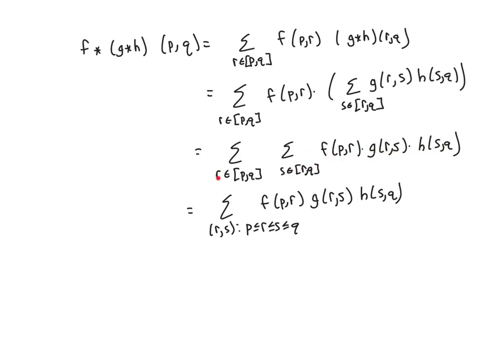And then again, this summation is over all r and then over all s. I see that I can combine it into a summation over ordered pairs rs. And now if you look at the previous slide, you see I have the exact same summation that I did before, and therefore our multiplication is in fact associative. And since p and q are arbitrary comparable elements in P, with p less than or equal to q, these two functions are in fact the same.